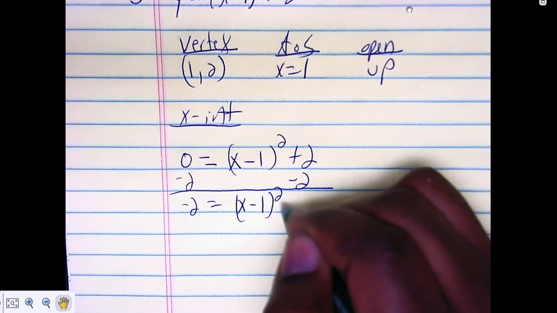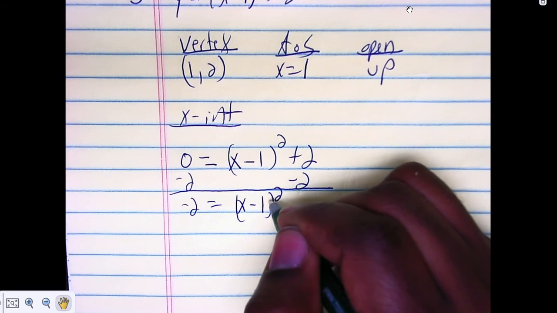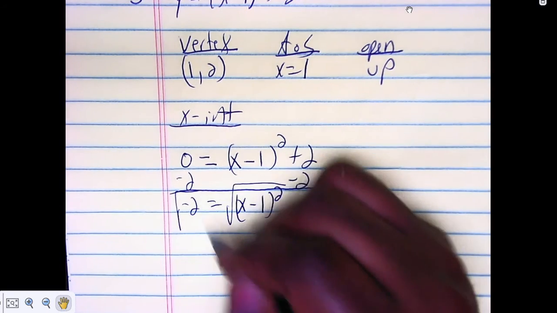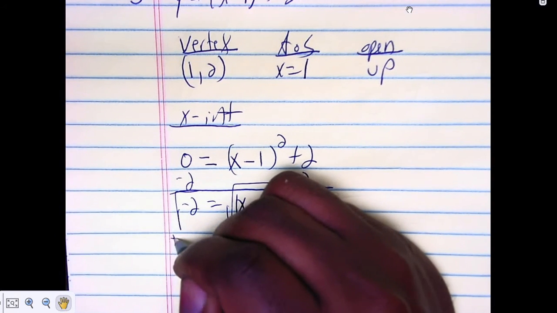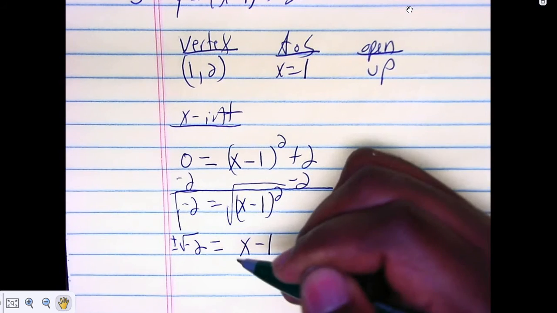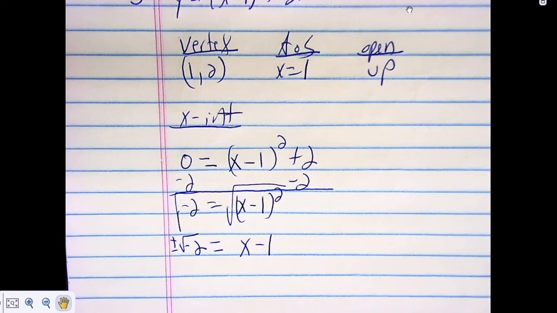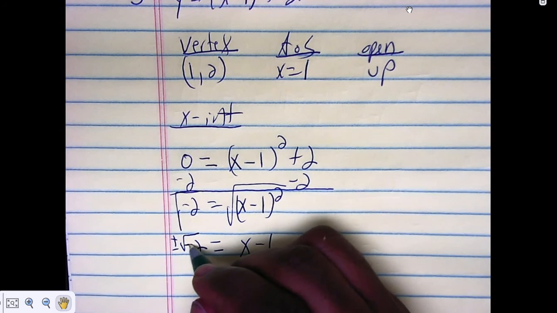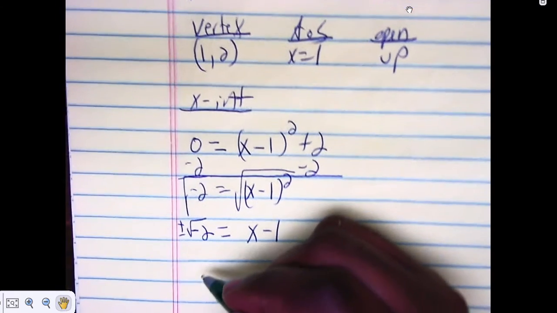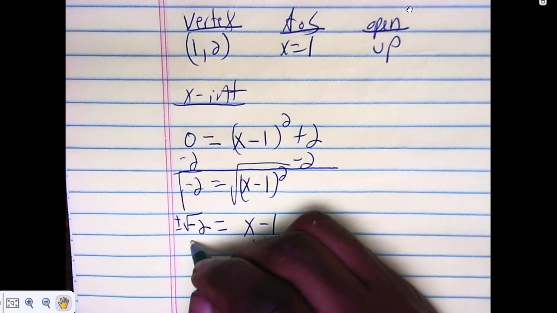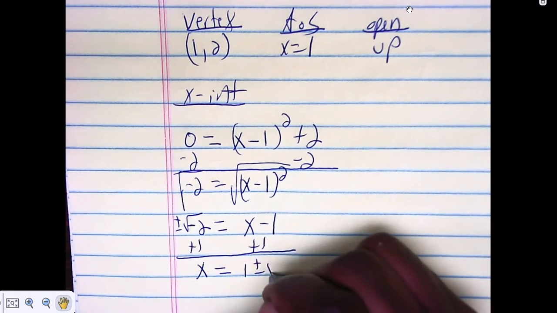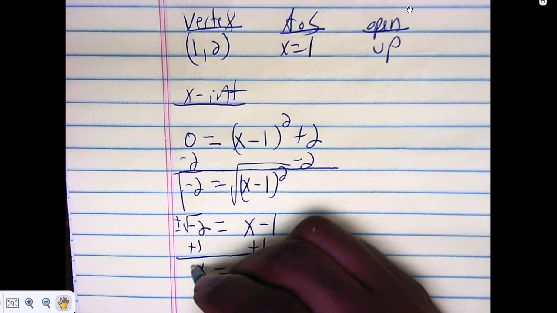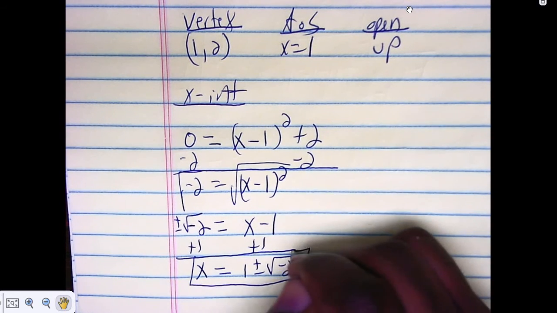But how do we get rid of that squared thing? Well, take the square root of both sides. But we get x minus 1 equals plus or minus the square root of negative 2. And now I have to stop because we haven't talked about imaginary numbers. You get an imaginary number whenever you get a negative number underneath the radical. I'll go ahead and finish it, but I'm going to put the x right here: 1 plus or minus the square root of negative 2. As far as we know, that's as far as we can go up to this point.